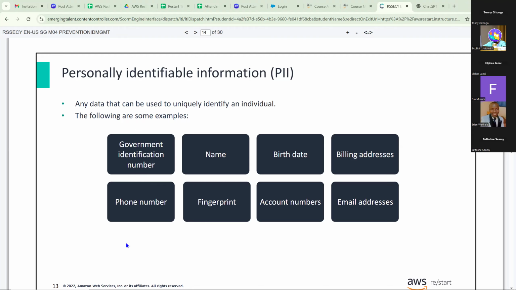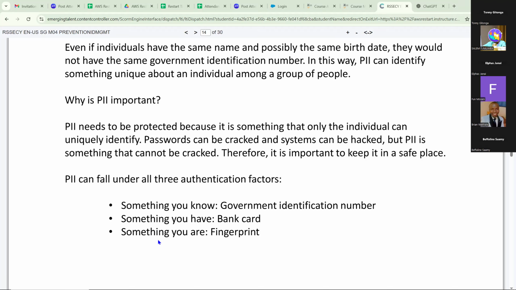Oh, you know, he was abducted. Oh, these people are asking for money. Some people don't verify. Some people are just driven by emotions, and they get conned, only to discover that they were actually victims themselves. So PII needs to be protected because it is something that only the individual can uniquely identify.